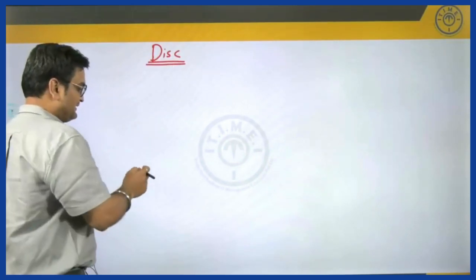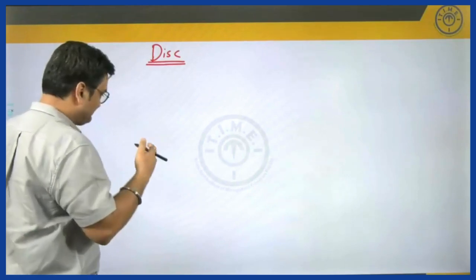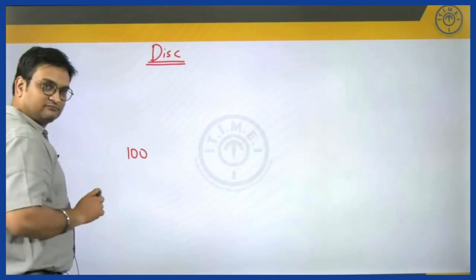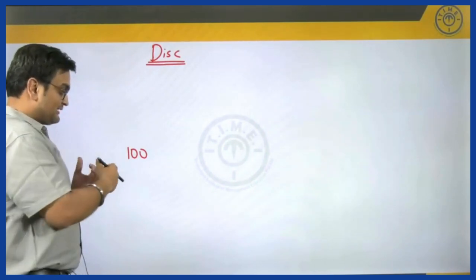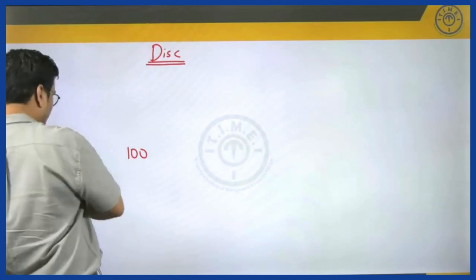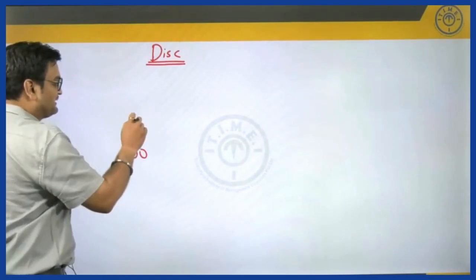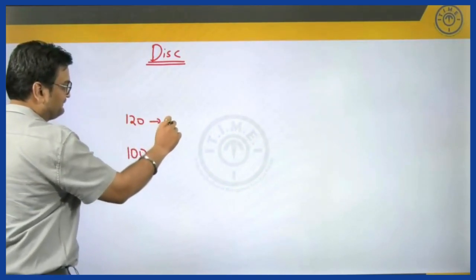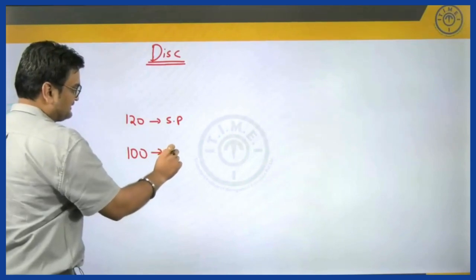For example, let's say there is a certain shop which sells an article. It costs the shop 100 rupees for purchasing that article, but it marks it up and sells it at 120 rupees. So this is the selling price and this is the cost price.